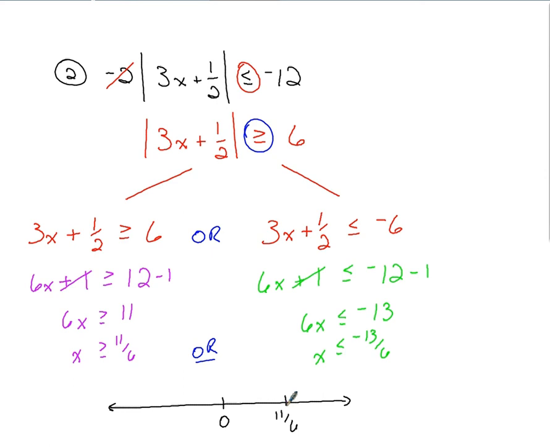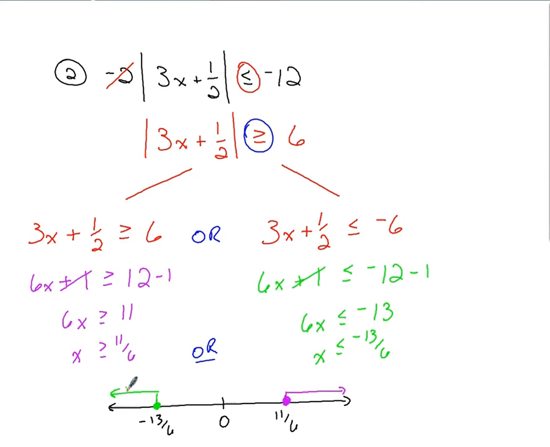Well, we know 11/6 is included. Greater than or equal to, we go to the right. -13/6. Here's -13/6, somewhere on the negative side. Less than or equal to, include the -13/6, shade to the left.